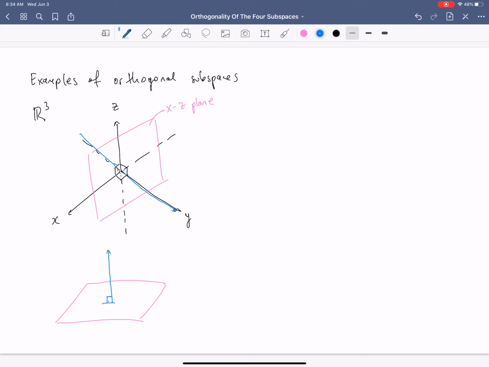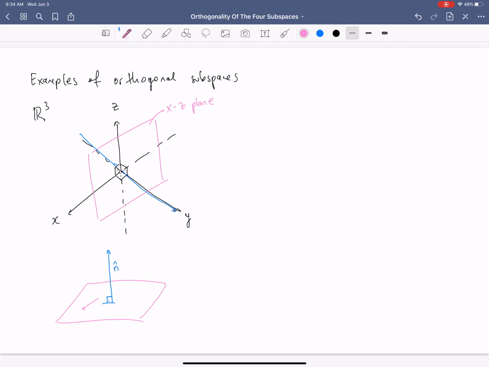So for those of you who've taken more calculus, or those of you who are going to take calculus, this is what you would denote as the normal vector n, or n hat sometimes, depending on the textbook you're using. So the point here is that you can take whatever vector you want on that plane, and it's always going to be orthogonal to the line.